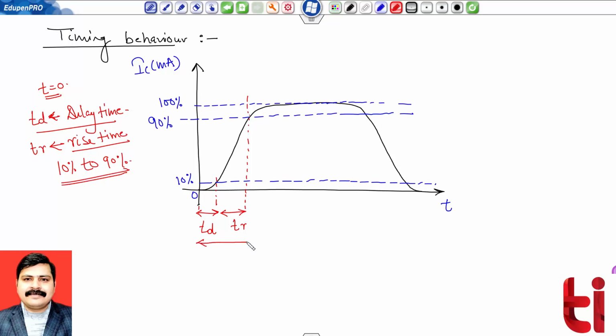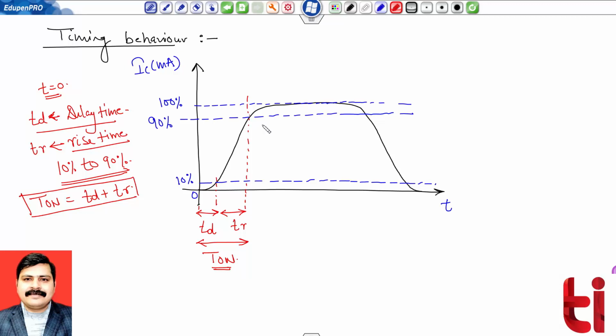A combination of both, TD plus TR, is known as my T on. So T on is TD plus TR. That is my on time of the transistor. So it includes the delay time and rise time.